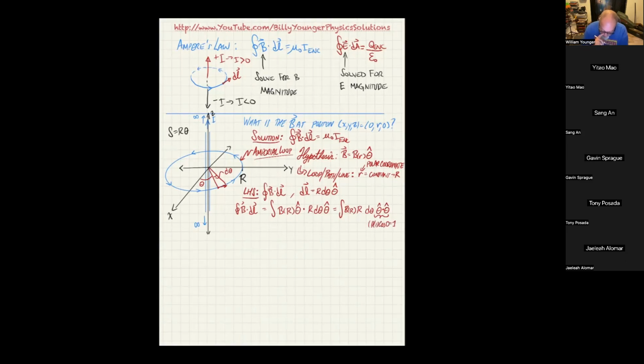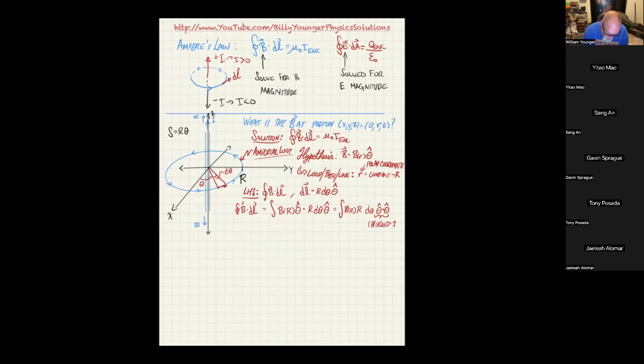Okay. Now, the fact that this B of R has a very specific R value, and the R itself is a very specific R value, means they're constants, and we can pull them out in front of the integral.